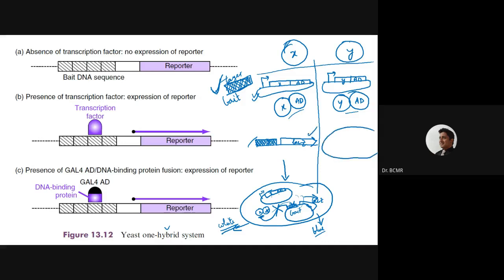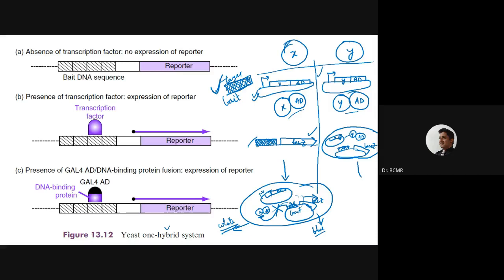So in this cell, we would have the construct here, which will produce the hybrid. So it will produce Y with AD. It should produce a protein something like this, Y and AD. And it also has another construct in which you have the bait sequence and lacZ.